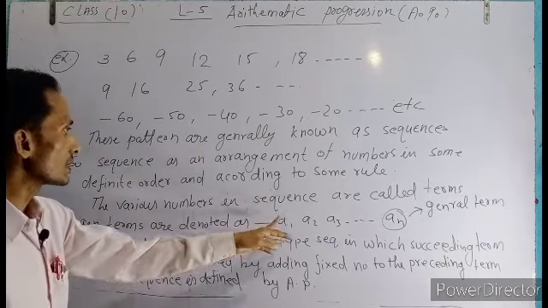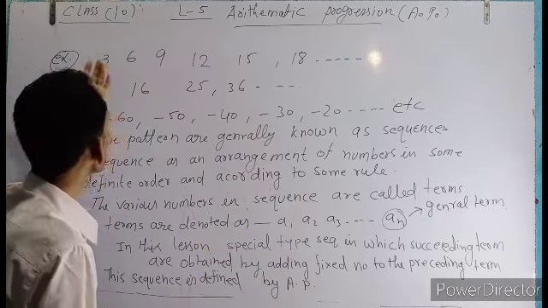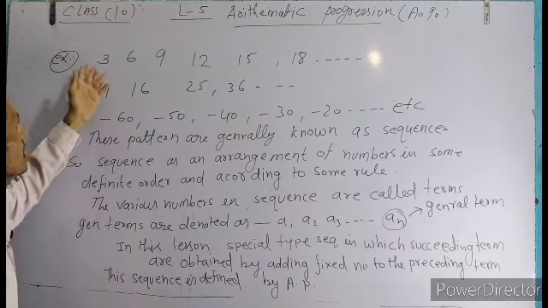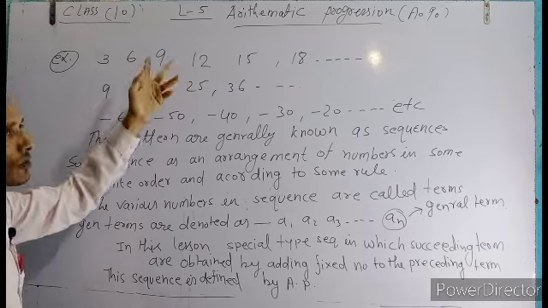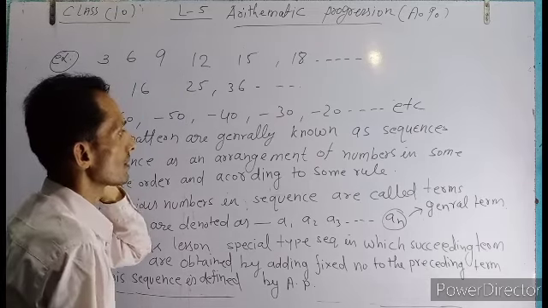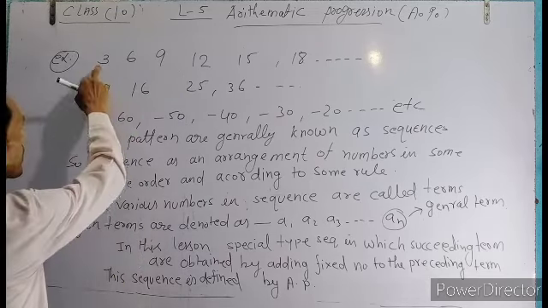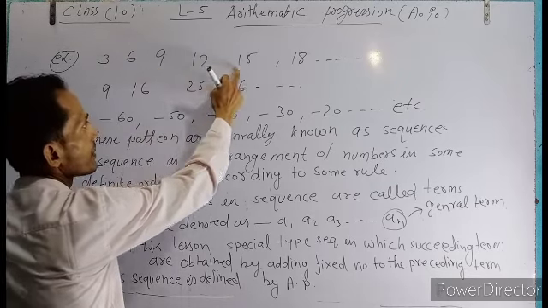The various numbers in a sequence are called terms. Each number is called a term of the sequence: the first term, second term, third term, fourth term, fifth term, sixth term.